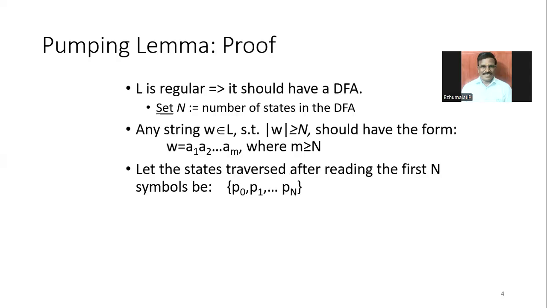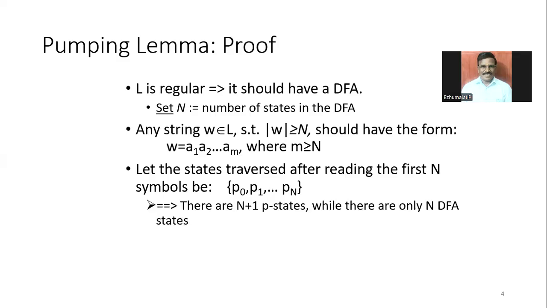Let the states traversed after reading the first n input symbols be p0, p1, up to pn. There are n plus 1 such states, while there are only n DFA states.